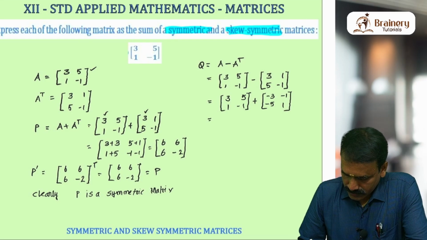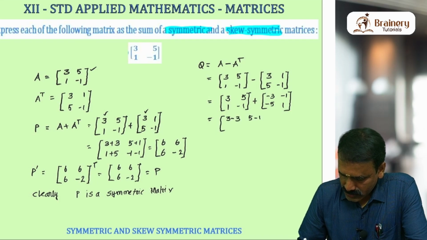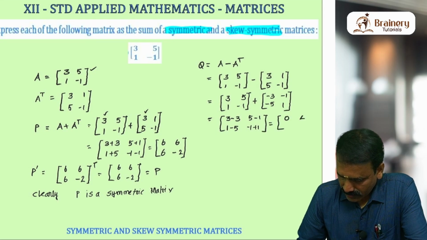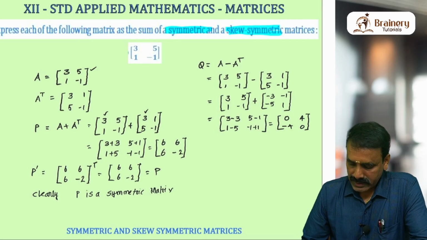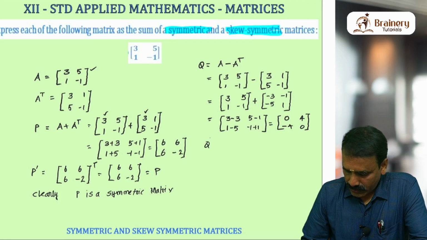So this is equal to, I add corresponding elements: 3 minus 3, 5 minus 1, 1 minus 5, minus 1 plus 1. When you simplify, the answer will be equal to [0, 4; -4, 0]. Clearly you can see that Q is skew symmetric, but let us try to prove it. I try to find Q transpose.